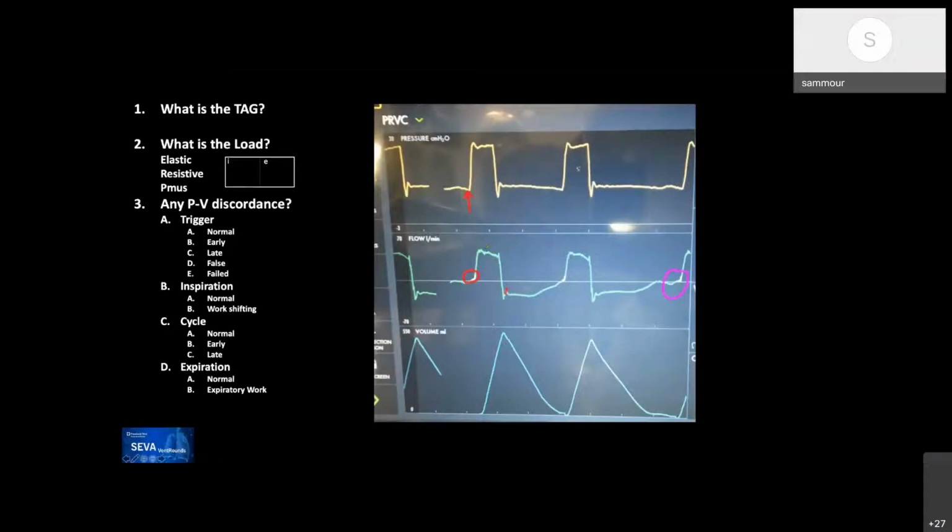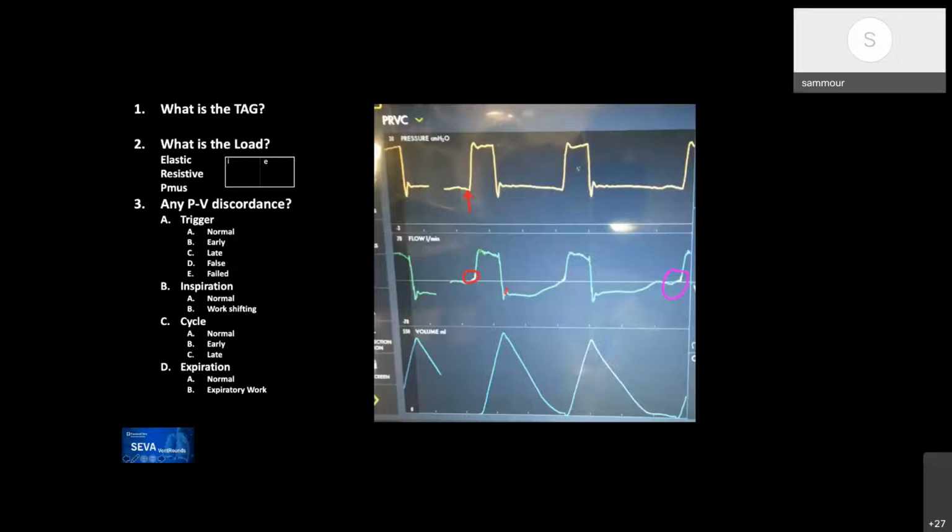Now, this is where I'm going to get messy about inspiration. I don't know that I would. That one I really don't know what to say about. Whether there's work shifting, most of the work looks like it's being done by the ventilator on the patient rather than the other way around.